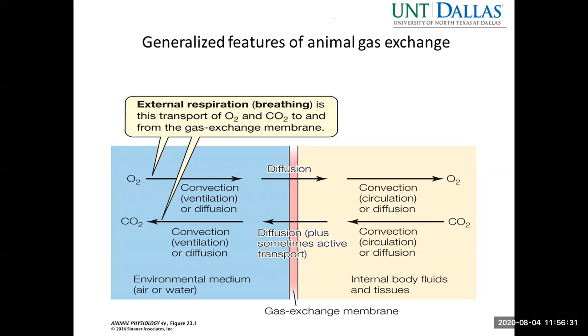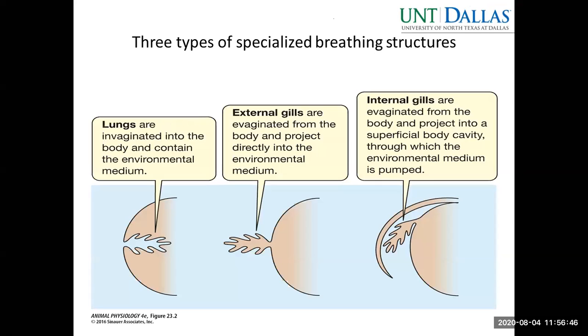These physical laws explain why an extensive, thin gas exchange membrane is a great asset for animals such as tunas that must acquire oxygen at high rates. In organs specialized for external respiration, the gas exchange membrane is typically thrown into extensive patterns of invaginations or evaginations, which greatly increases the membrane surface area.